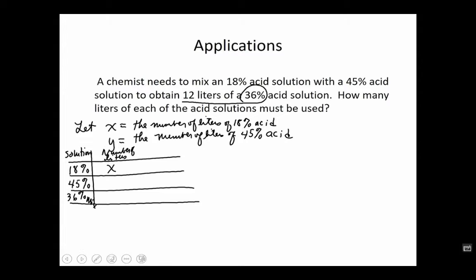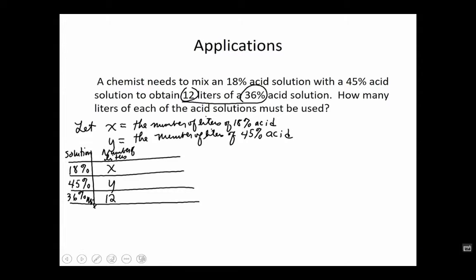And the number of liters of the 45% acid solution is y. We want to obtain 12 liters in the mixture, so that's going to be 12. The final mixture will contain 12 liters.